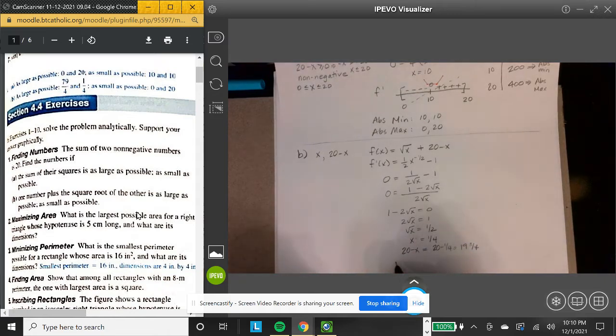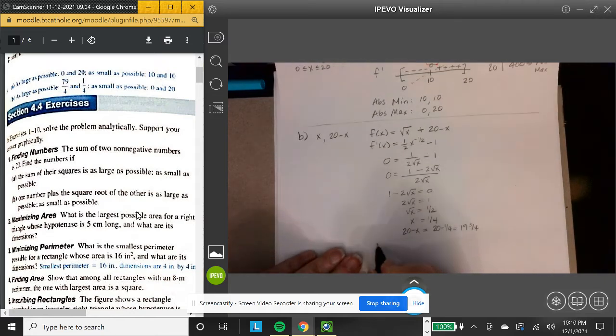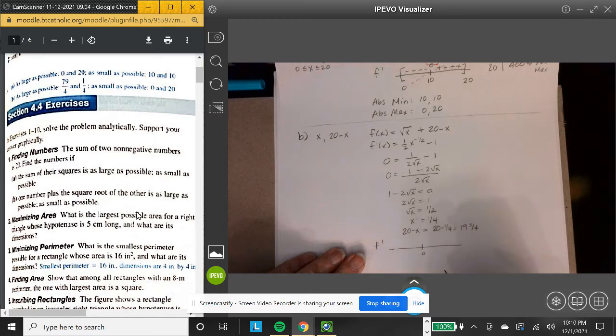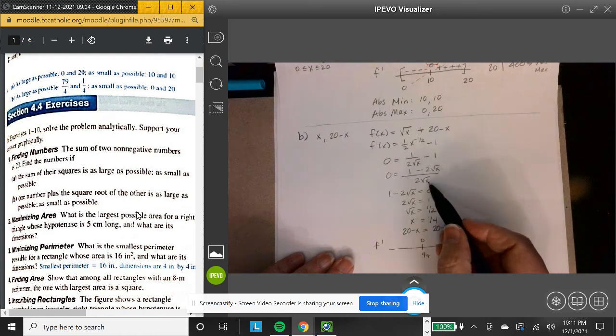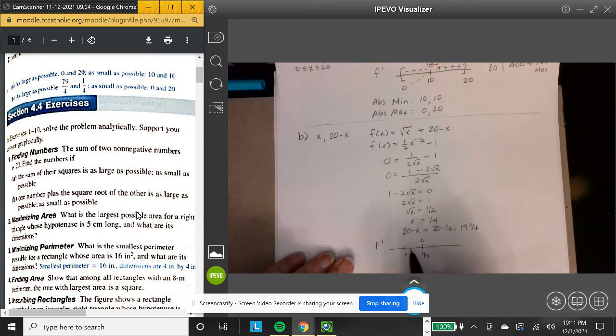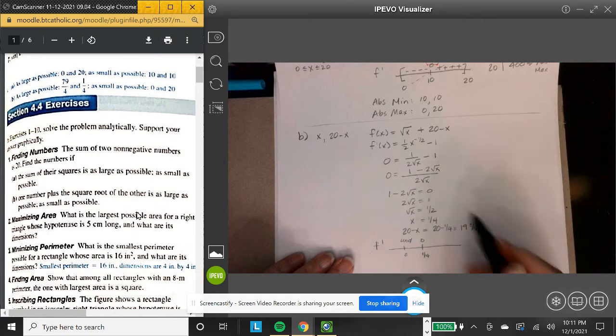All right, but I got to do a sign chart to make sure we're right. Okay, so this is maybe my f prime line. So what goes on there? 1/4, and 0, where it's undefined. I have a critical point at 0 where it's undefined, so I put a 0 here and undefined.